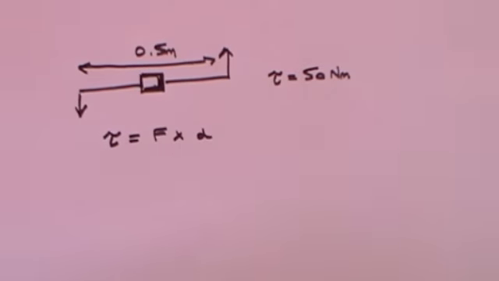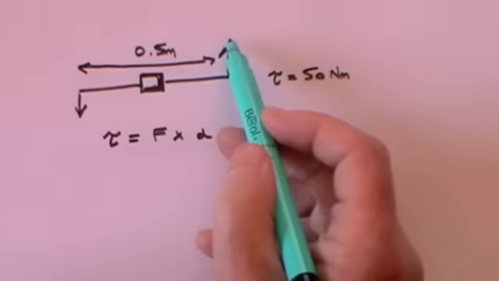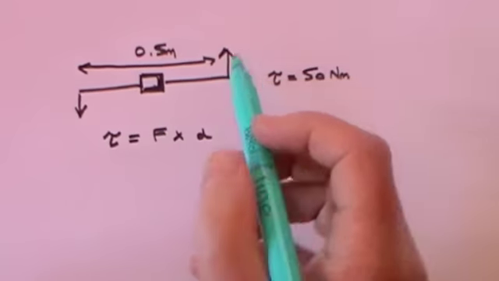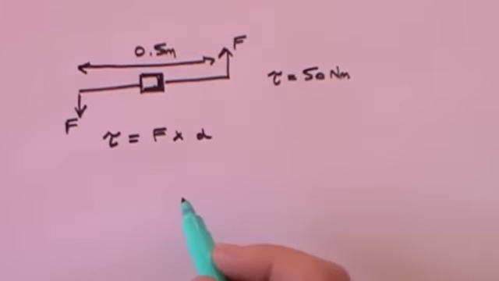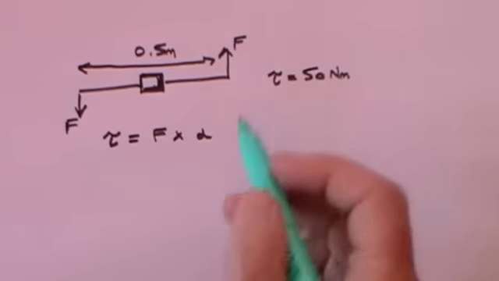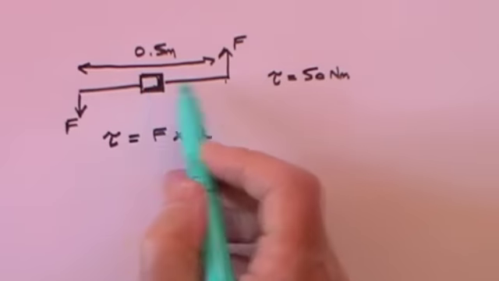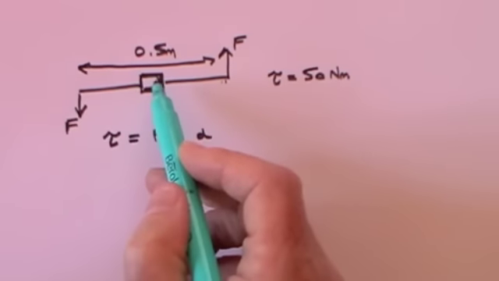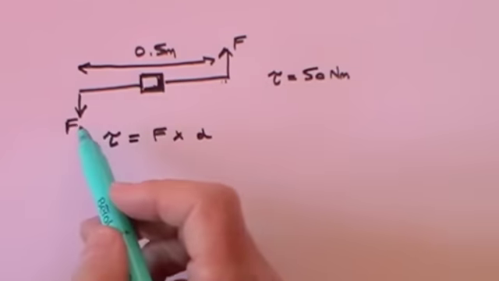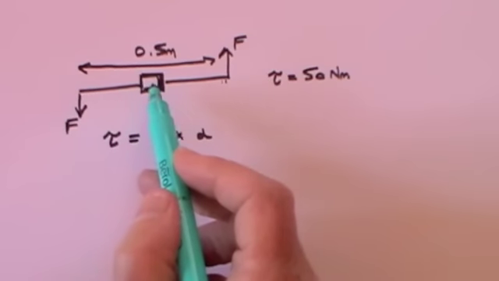Well, we've got a force acting up here, which we don't know the value of, we'll call it F, and we've got a force down here which will be the same force but in the opposite direction. So we've got a force acting at a distance 0.25 meters because it's only half to the point of turning, and we've got another one here acting at a distance of 0.25 meters.